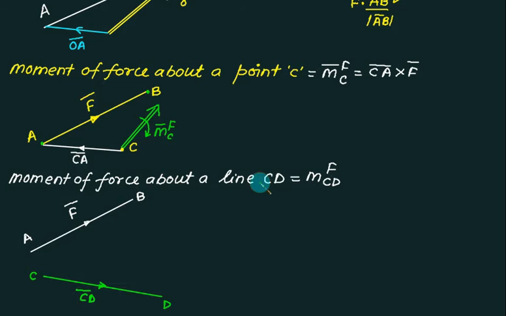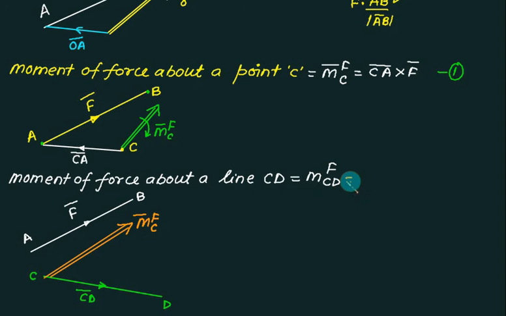For the moment of force about line CD, first find the moment of force about point C or D, either one. That is step number 1: obtain the moment of the given force about either C or D. You have to perform this step first.